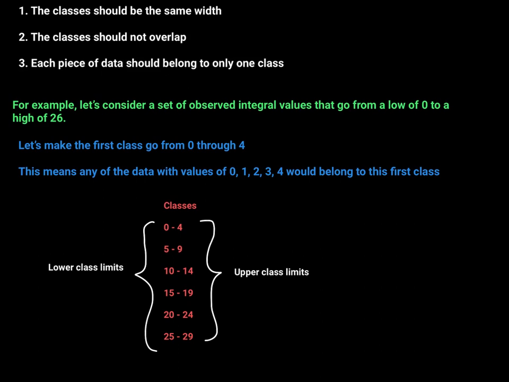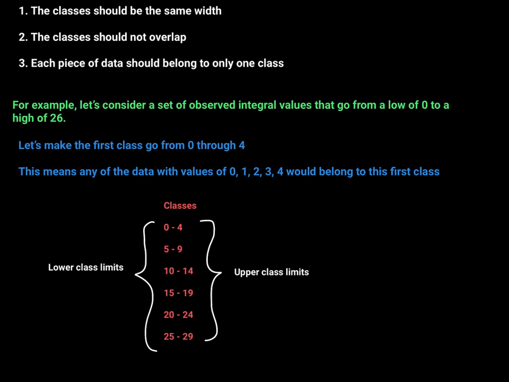Now, remember each class has a width of 5. Notice that the class width of 5 can be obtained by subtracting the first lower class limit from the second lower class limit.